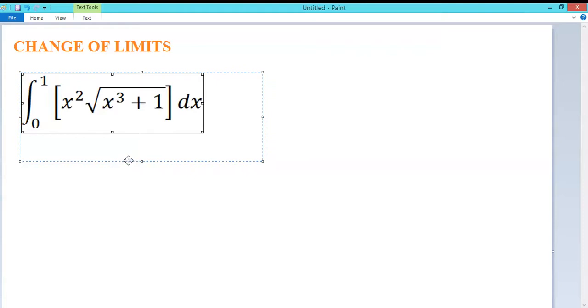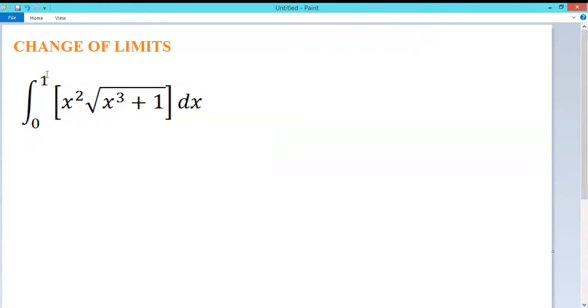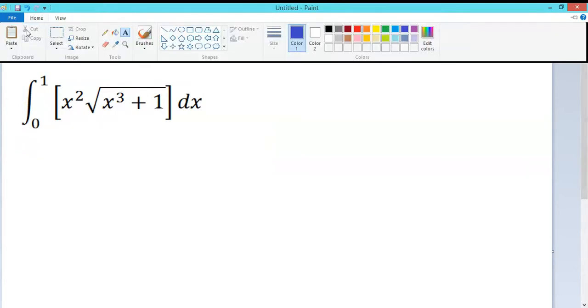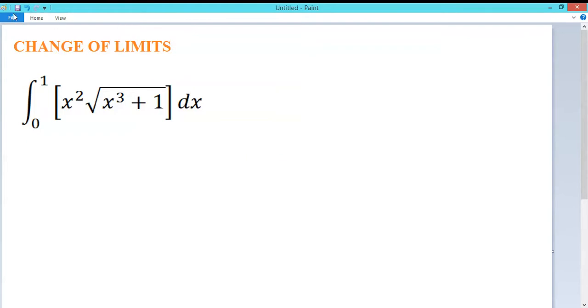We are supposed to integrate this function with respect to x, given lower limit 0, upper limit 1. We'll first have to do our substitution. Let u be equal to x cubed plus 1.